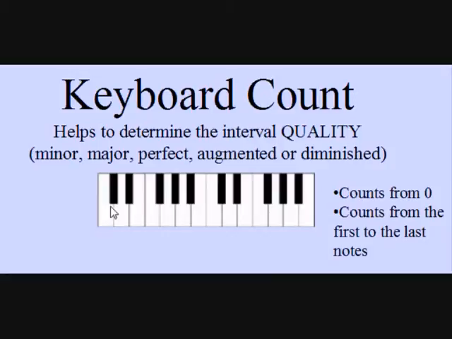So we say 0, 1, 2, 3, 4, 5, 6, 7, 8, 9, and we discover that from C to A there are 9 semitones of distance in between them both. That is going to help us to determine whether that interval is minor, major, perfect, augmented, or diminished.